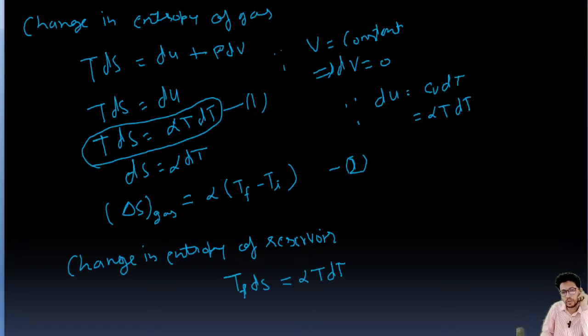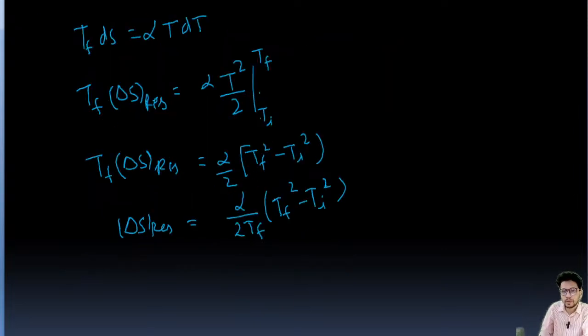This one, Tf square minus Ti square. So now the change in total entropy we need to find out, right?